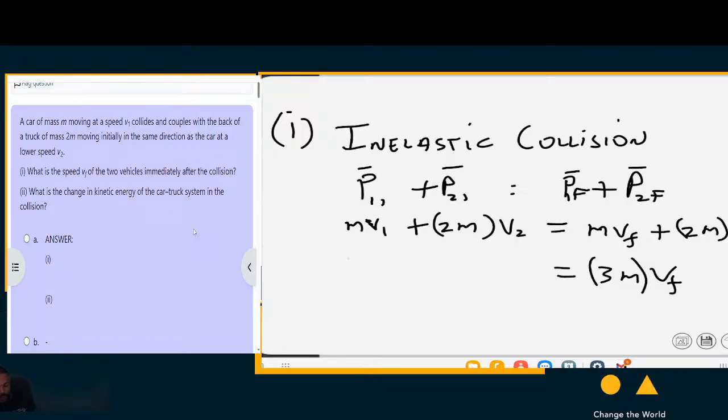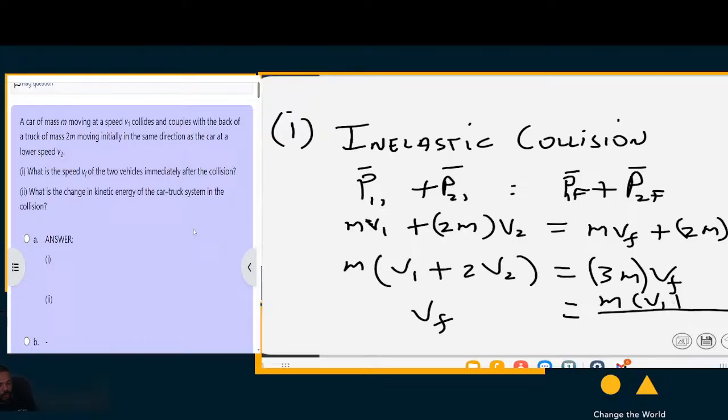Here we can take out m. You don't need to do that, but I'm just going to do it for a simple reason, which you will see now. It's m times v1 plus 2v2. Now we want Vf alone, so we divide on both sides by 3m, and what we're left with is m times v1 plus 2v2 over 3m, and the m's can cancel.